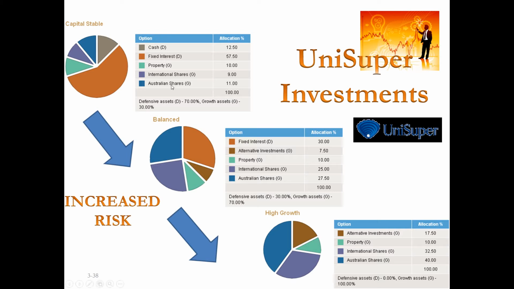For capital stable, you can see 20% of the fund is invested in equities only, whereas the remaining 80% is invested in other alternatives. Whereas for high growth, a larger proportion, more than 70%, is invested in equities, and only a smaller proportion, less than 30%, is invested in other alternatives.